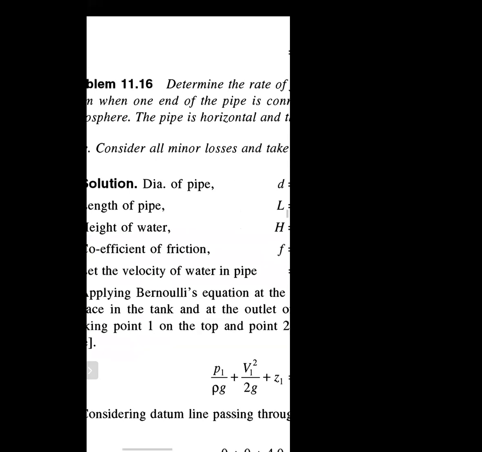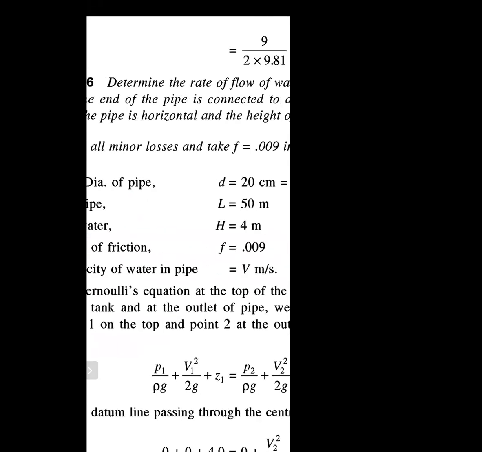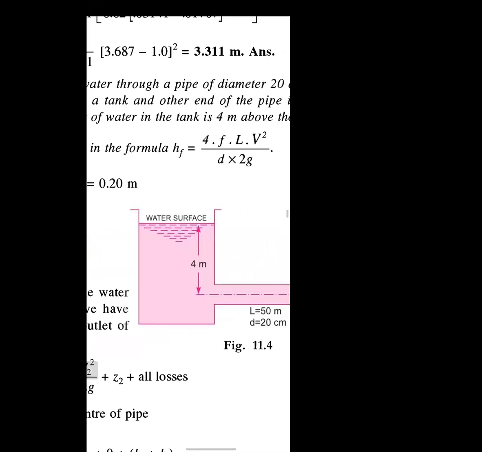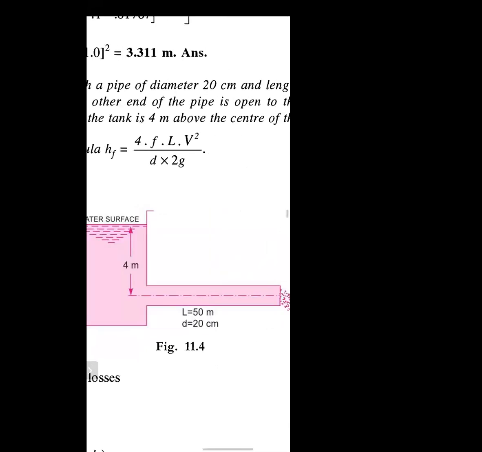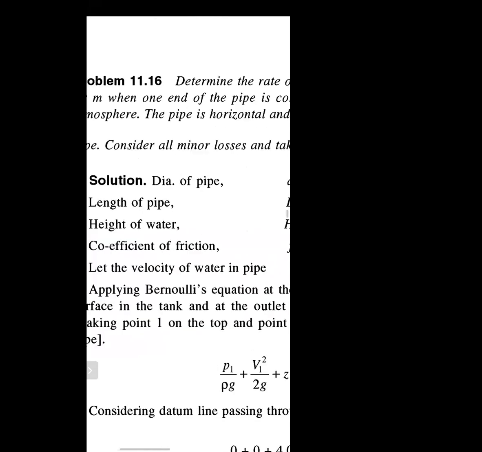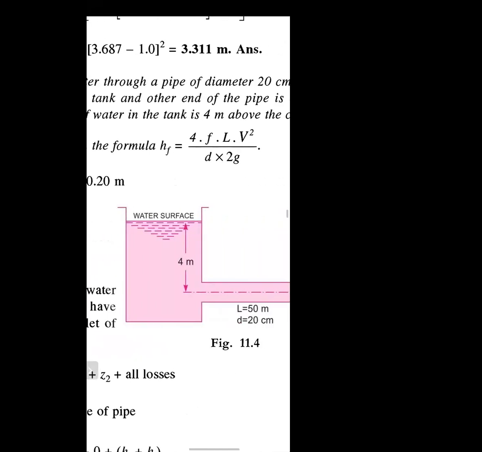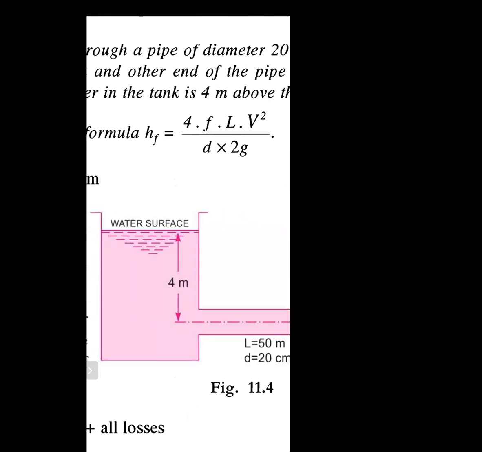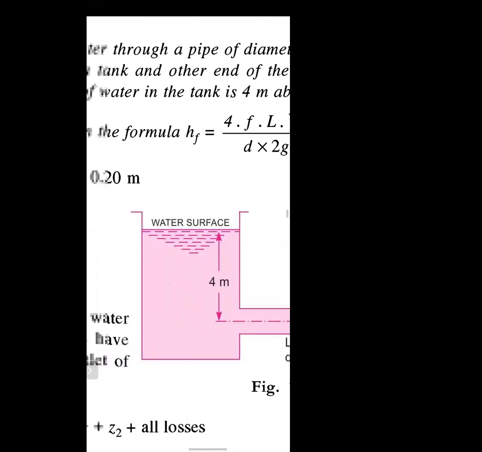The pipe is horizontal and the height of water in the tank is 4 meter above the center of the pipe. Consider all minor losses and take f is equal to 0.009 in the formula of hf is equal to 4 f L V square upon 2 g D.